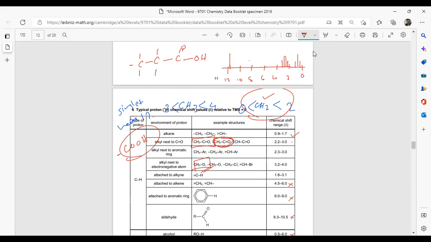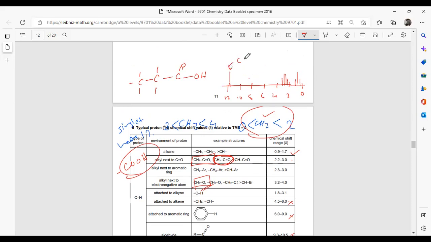What defines this singlet is the carboxylic acid. This quartet is for... okay, so now I got it.